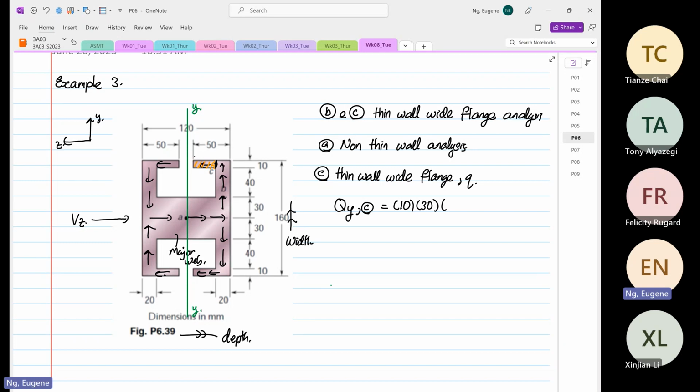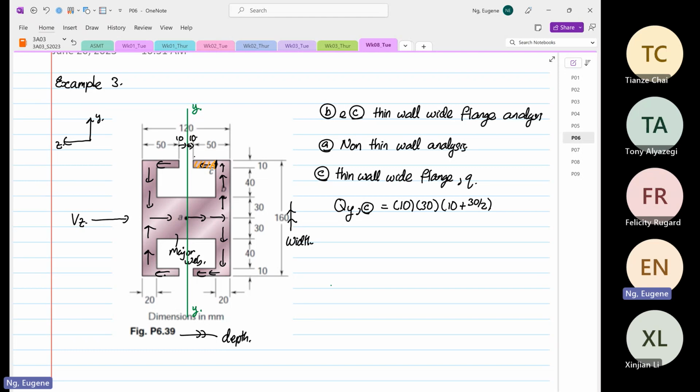And then if here to here is 50, so here to here is 10, right? So 60 on both sides. So 50, 10, 10, 50 is 120. So the y bar is 10 plus 30 divided by 2. You have to be very focused on this, okay? When you do a problem like this, you have to be really focused.